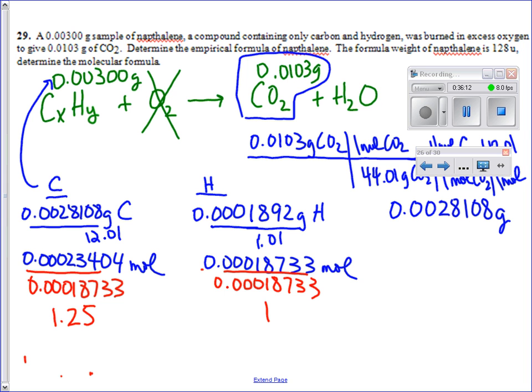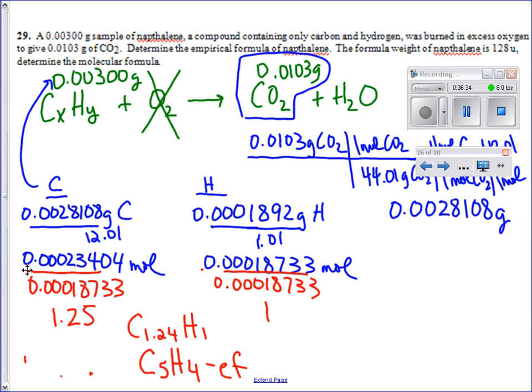Nice. That worked out beautifully. Except I can't have C1.25H1 as my formula. What do I have to do? Multiply by 4. Multiply by 4, I get C5H4. That is my empirical formula.